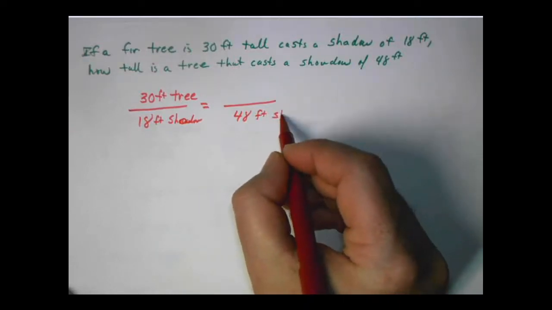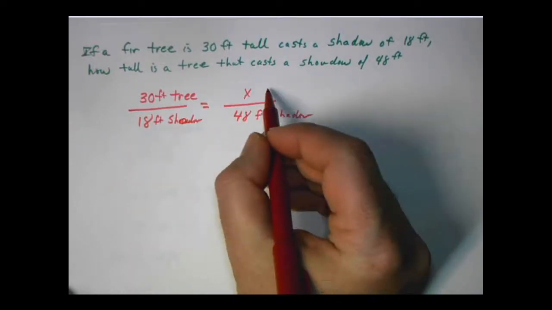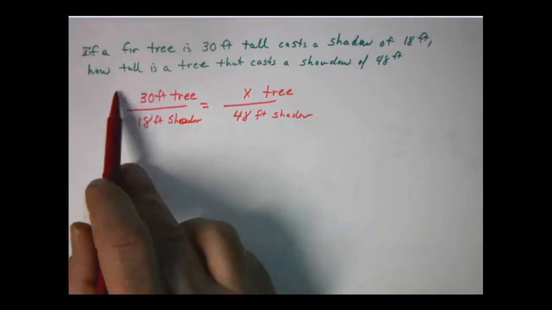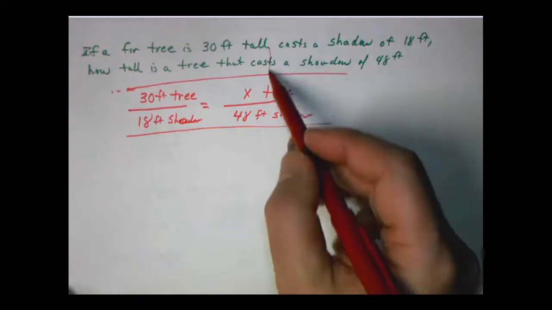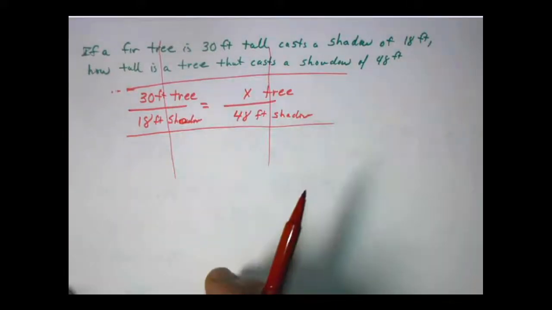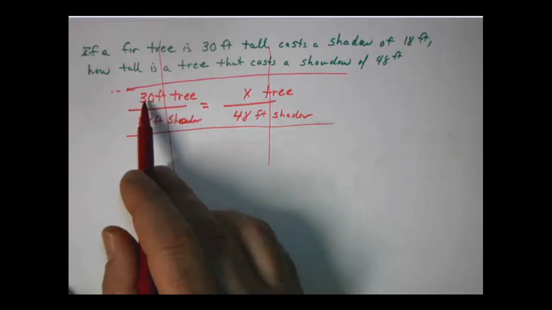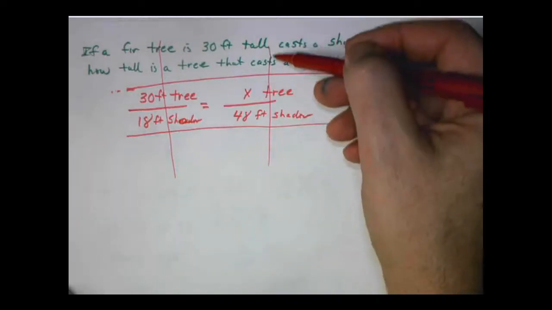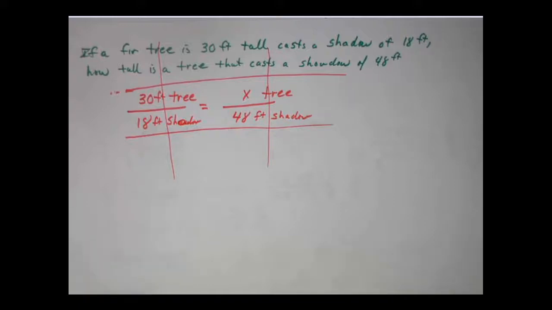And I'm looking for how tall a tree is. So I have X tree. So everything lines up. Remember, I have to have that tic-tac-toe thing. Okay, so there's my tic-tac-toe grid. Kind of looks like, I have tree, tree, shadow, shadow, given, given, look for. Everything kind of lines up there. So now I can just cross multiply and divide.